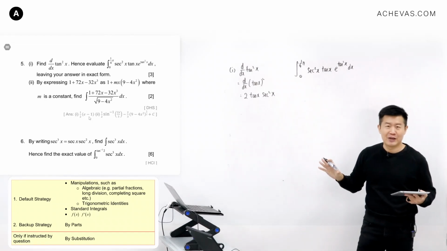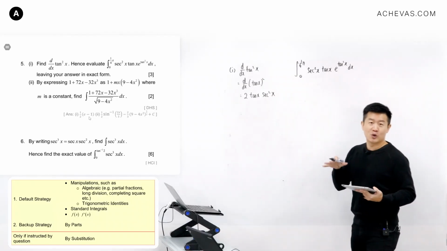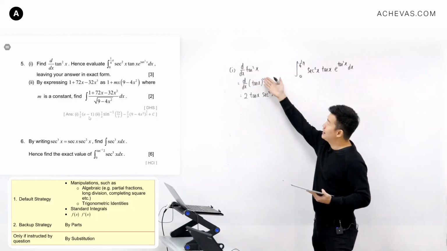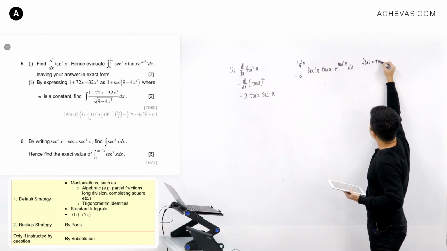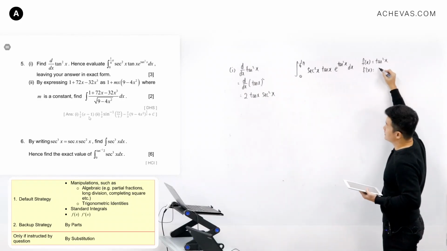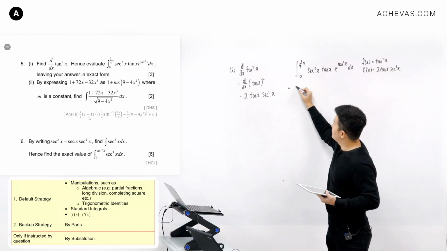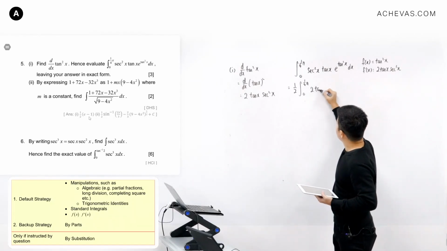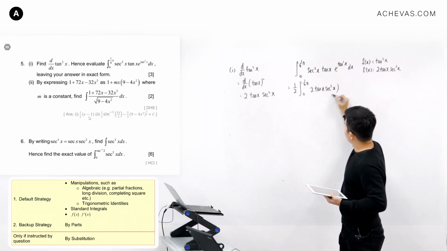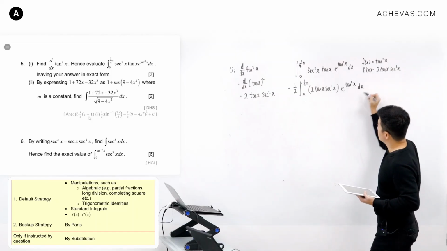I mean, who knows? You know, if our default strategy fail, maybe I should be using my backup strategy. But our default strategy will work, especially when I can really tell that tangent square x, if it is going to be f of x, then f prime x, which I've already gotten here, is just simply 2 tangent x secant square x, which can be generated here by adding a half, so that I can have a 2, then tangent x secant square x, which is our f prime x, e to the power of tangent square x dx.